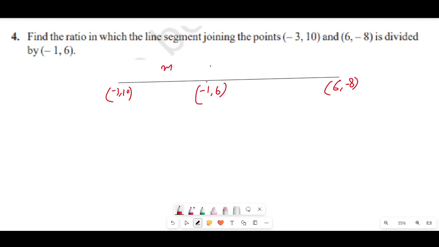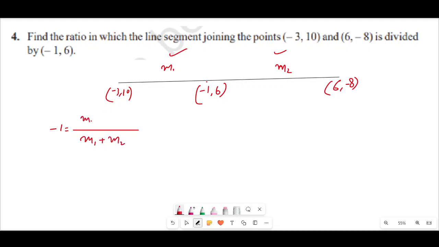This is M1, this is M2. Clear? Now we will find out this value. Now what will be -1? -1 will be in this way. This will be M1 and M2.